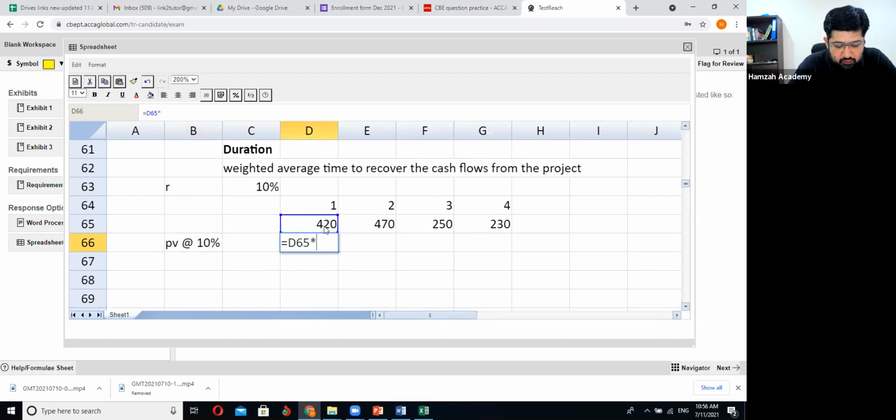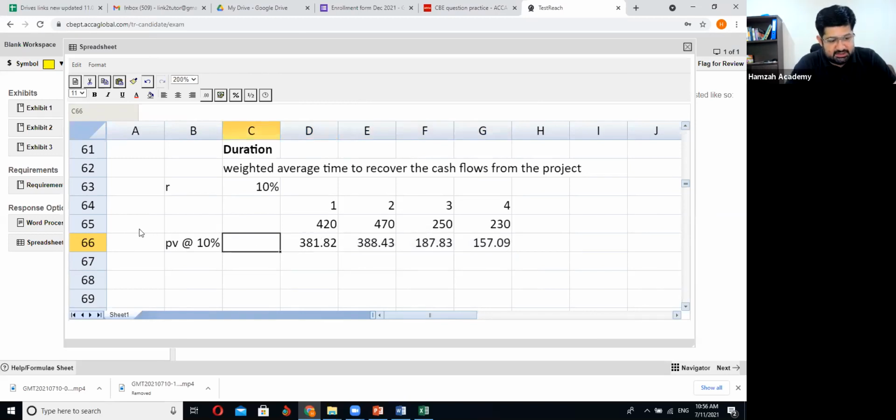Future value into 1.1 raised to power minus this. Now, simple is that. So step 1, calculate present value of cash flows.